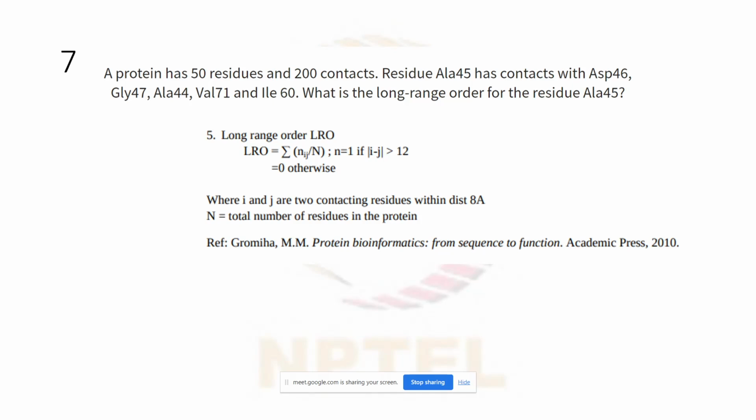This is the summation of n of ij divided by N, where capital N is the number of total residues in the protein, and n corresponds to 1 if the sequence separation between the two residues is more than 12. If they are separated by more than 12 it is 1, otherwise 0.